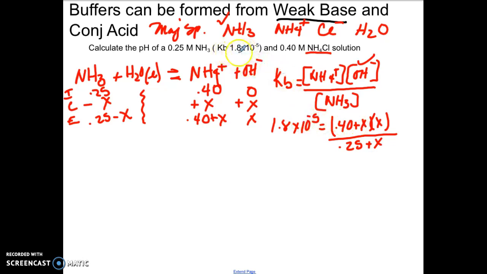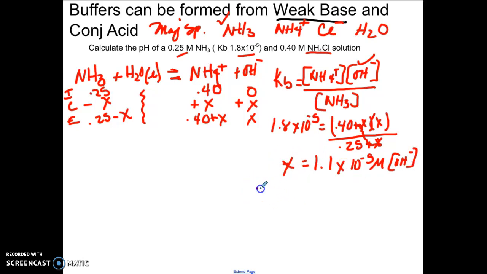Now, because of this Kb value and looking at our concentrations, we can ignore these x's and simplify this, and we can say that x is equal to 1.1 times 10 to the negative 5, and that would be in molarity, but remember, this is hydroxide ion concentration.